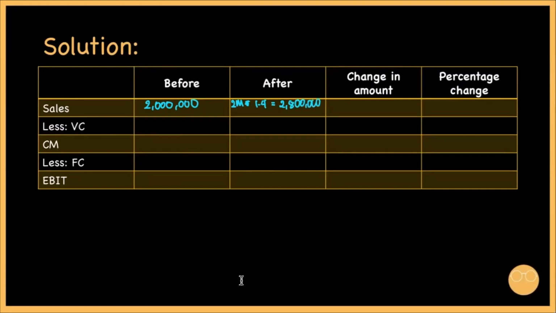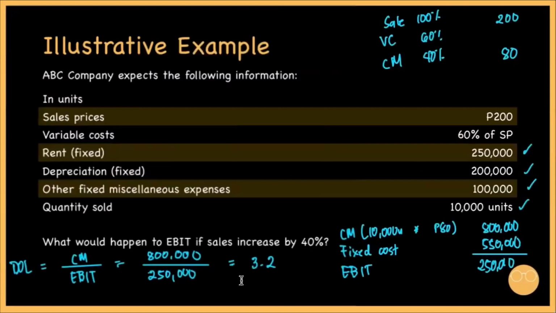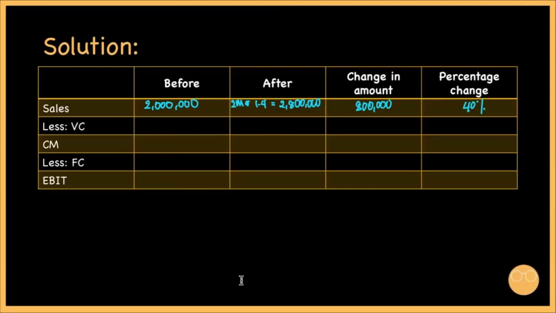Meaning to say, there will be an increase of 800,000 pesos, a 40% change. Next, the variable cost. Our variable cost here is 200 less 80, which gives us 120. So 10,000 units multiplied by 120 gives us 1,200,000.